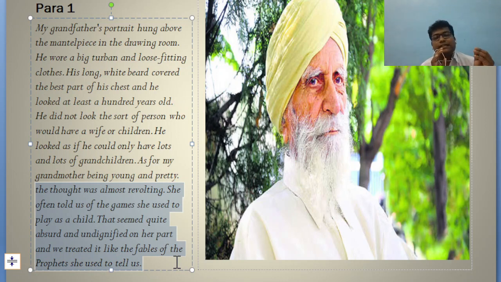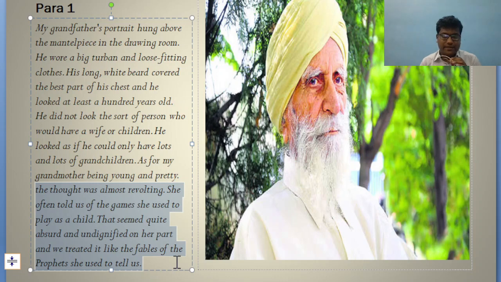A fable is a moral story where not human beings but animals are the characters. And through the funny and amusing gestures of the animals, some moral lessons are being taught. That is a fable.